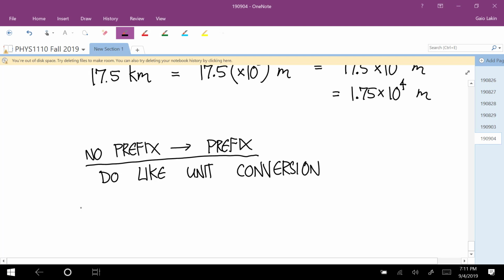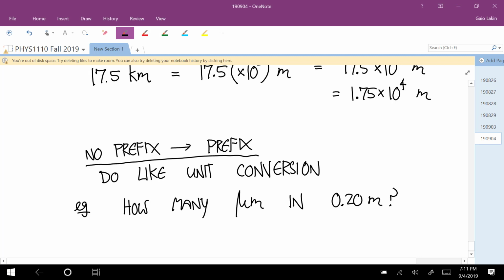Okay, so for example, let's say how many microns are there? Micron is a micrometer. So how many of these are there in 0.20 meters? Okay, so our starting quantity doesn't have a prefix in it, and we want to convert to something that has one.